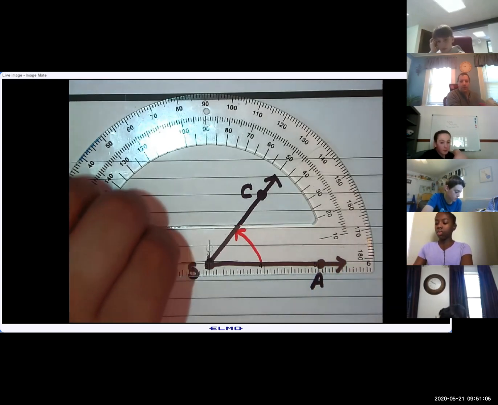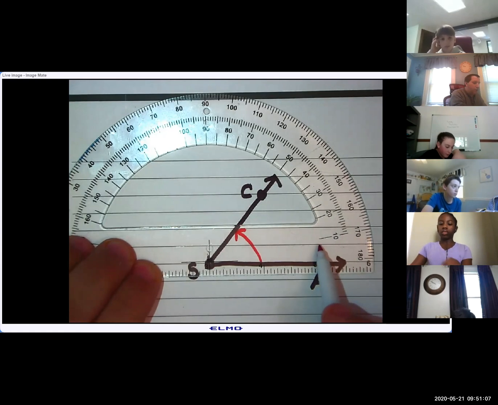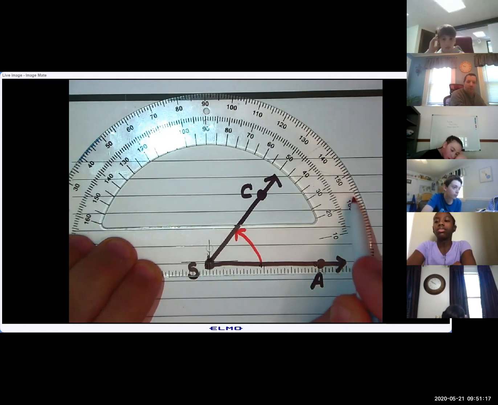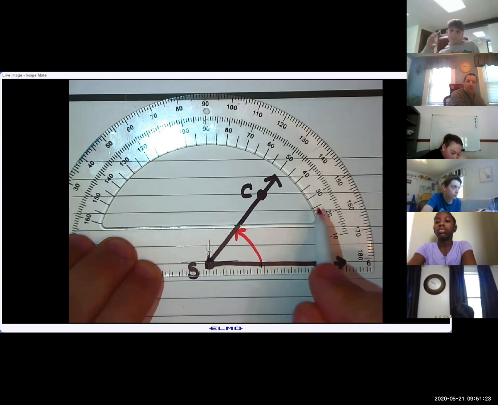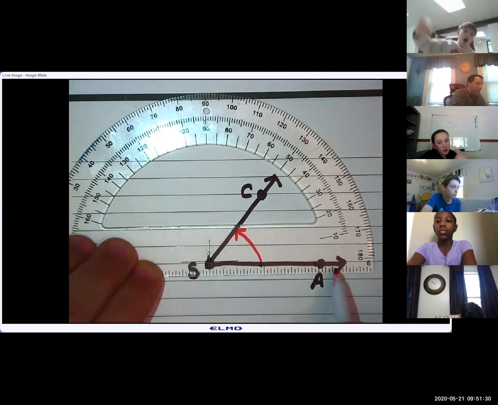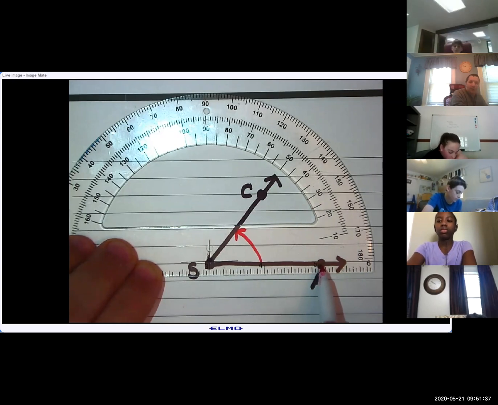So far, so good. Now, I've got two groups of numbers. I've got numbers on the top that start at 180 and go down. And I've got numbers that start at 0 and go up as I go over. So what you need to ask yourself, if my degrees of rotation are starting here, this is going to be 0 degrees right here.